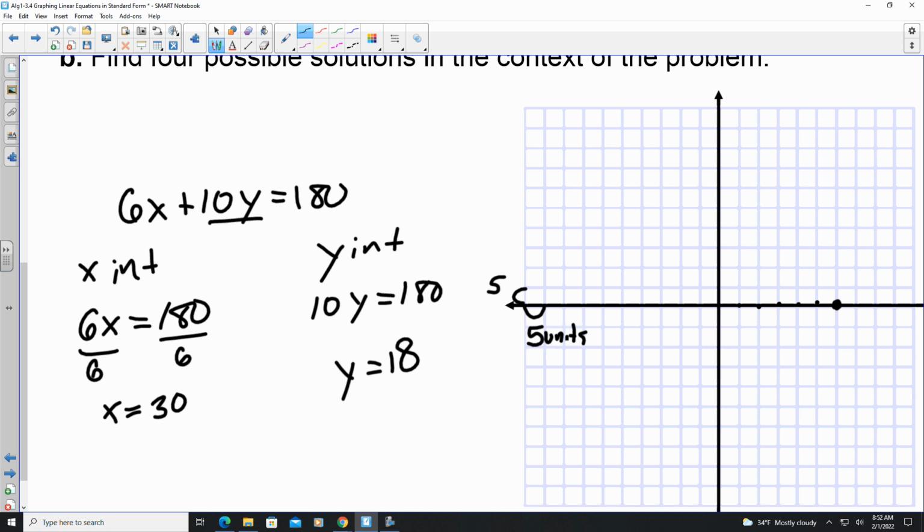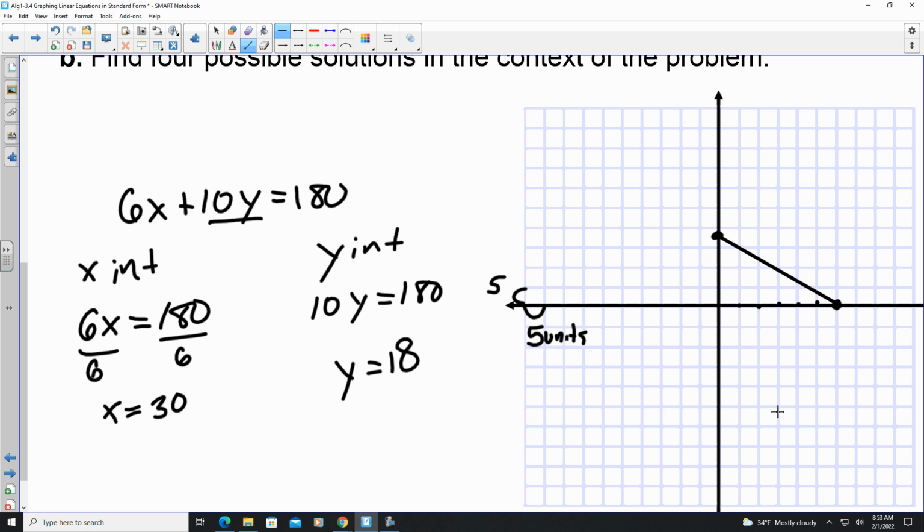And then 18 is going to be 5, 10, 15, 20. It's not quite 20, so it's right about there. So here is my graph. Essentially it's going to look like this, and then you extend it from there.